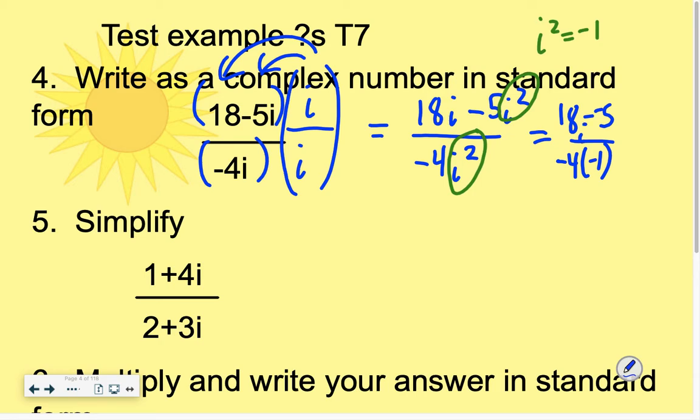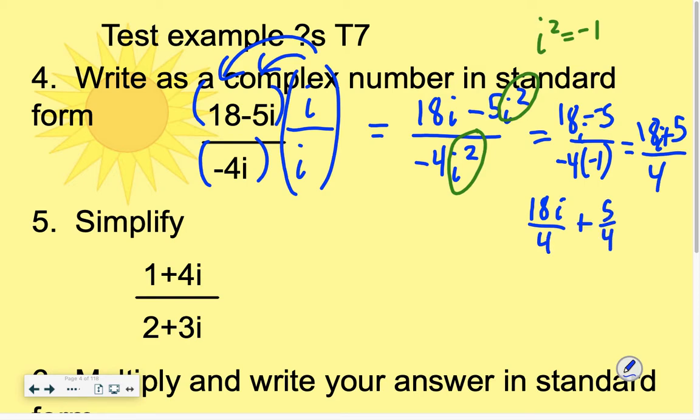Yeah. So now I can't combine that. So my numerator would just be 18i plus 5, and my denominator would be 4. So then I simplify that by distributing the divide by 4.